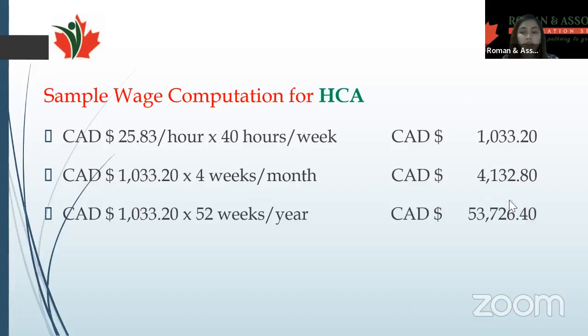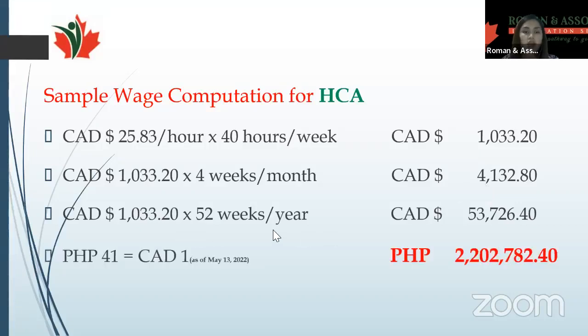For the whole month, you will be earning 4,132.80. And for the whole year, you will be earning 53,726.40 Canadian dollars. Imagine how much it is equivalent if we consider 41 pesos as the conversion rate for every Canadian dollar.